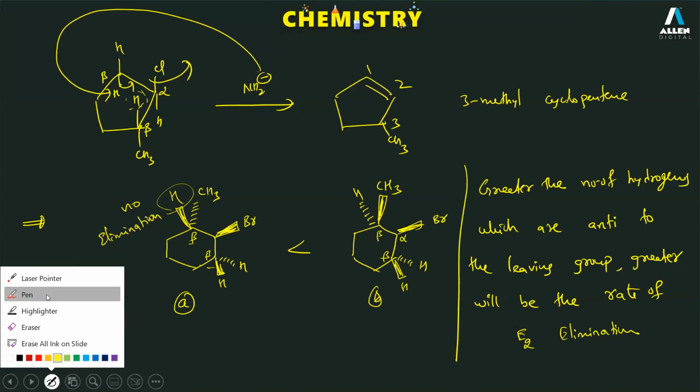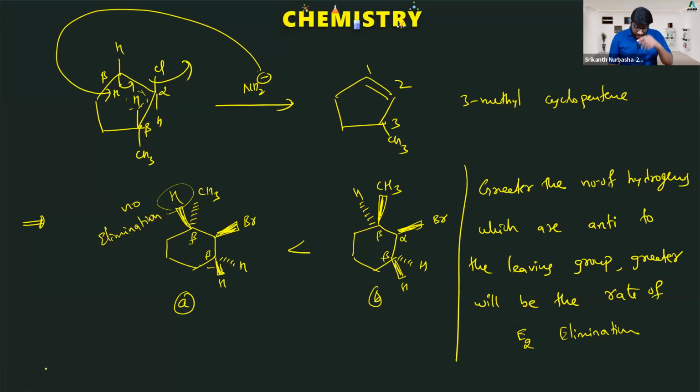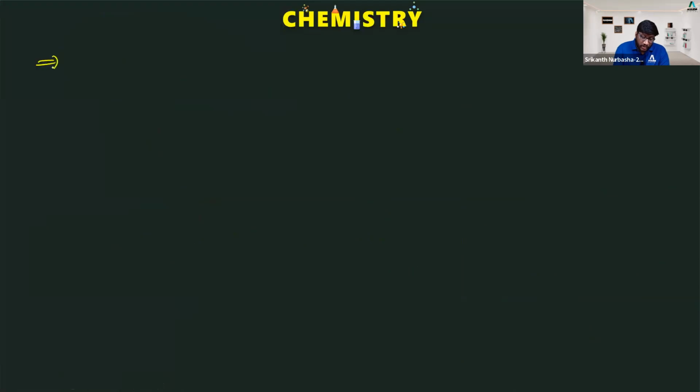Yes, sir. So this is what E2 elimination means: anti-elimination, and 3 degree greater than 2 degree greater than 1 degree, with respect to alkene transition states. And then there are some exceptions I have told you, where Hofmann's product is obtained. Conditions under which Hofmann's product is major.